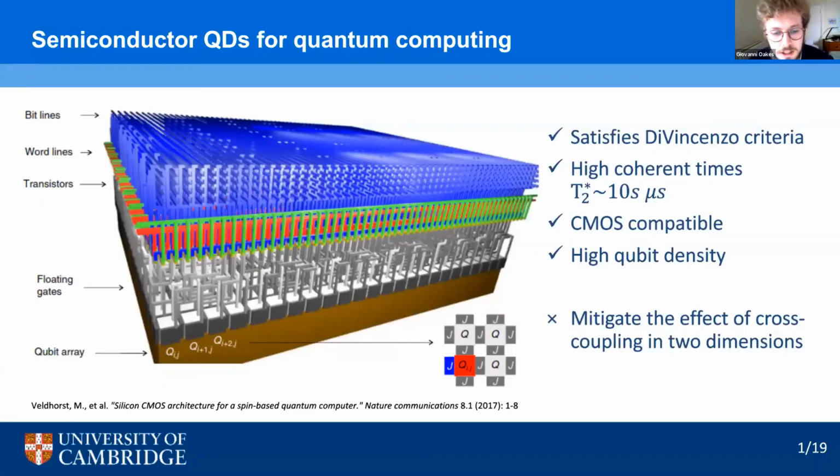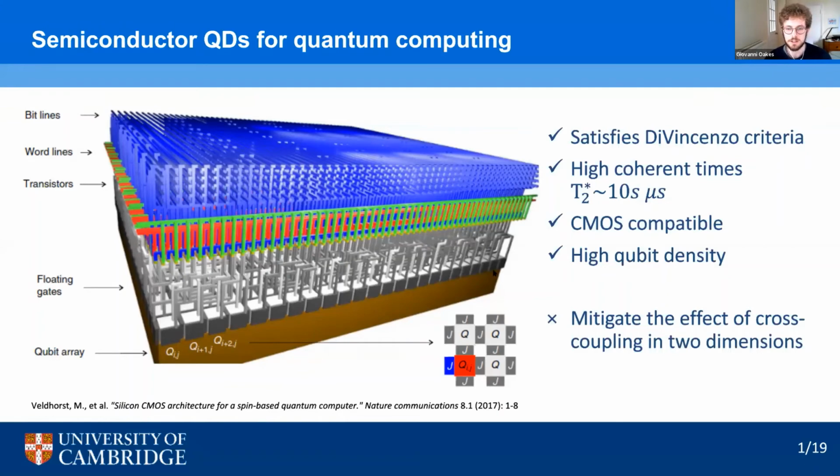So in particular, I'll be looking at silicon quantum dots, where there are various proposals of how this can be used above the NISQ era, where we can take advantage of CMOS processing to have a very high qubit density.